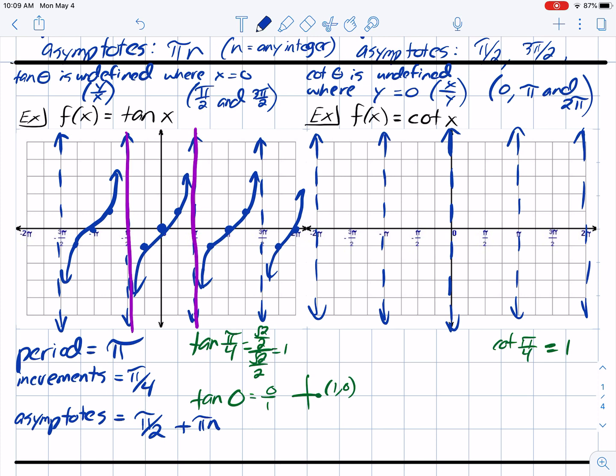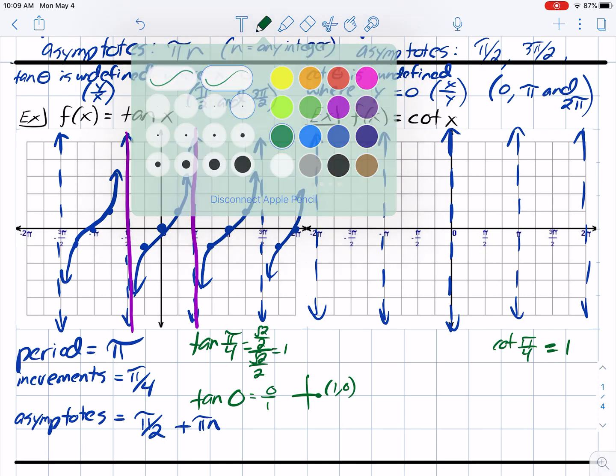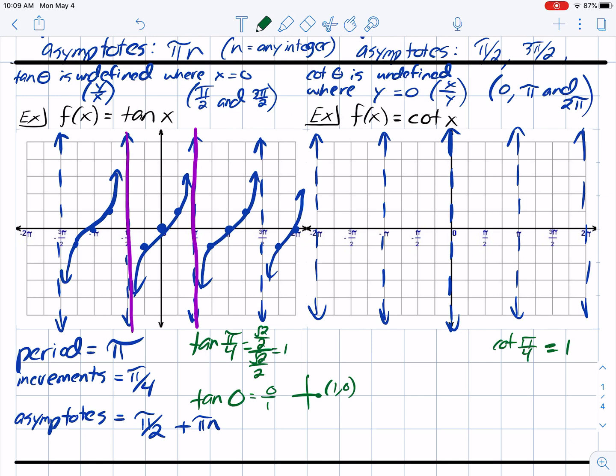For cotangent, it's going to look very similar. If I wanted to evaluate the cotangent of, let's do pi over 2. Remember, at pi over 2, we're now up here at 90 degrees where the coordinates are 0, 1. And for cotangent, that's x over y. So that would mean 0 over 1. So cotangent of pi over 2 is 0.